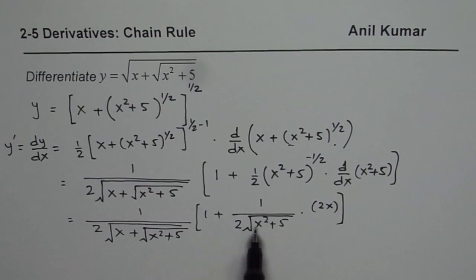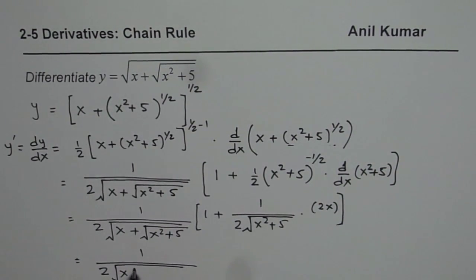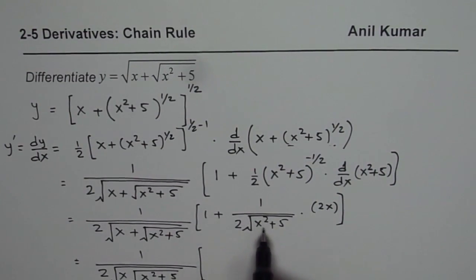So let's take this common. So we'll take this common, and then we can write this as 1 over 2 square root of x squared plus 5 times, so let's take this common.